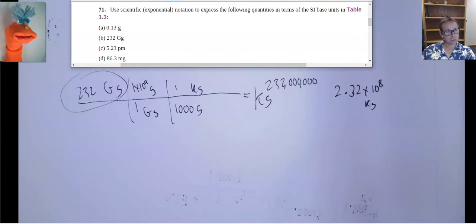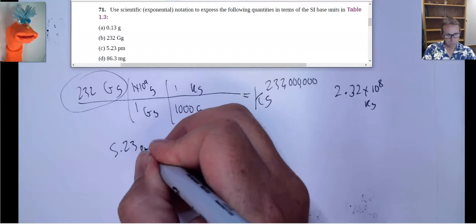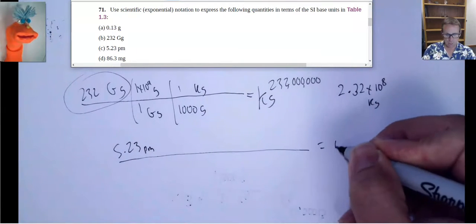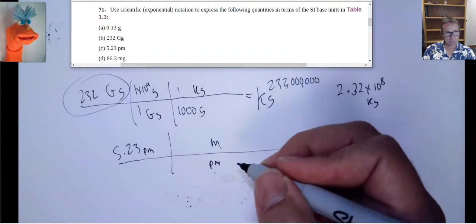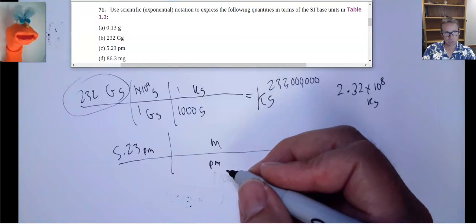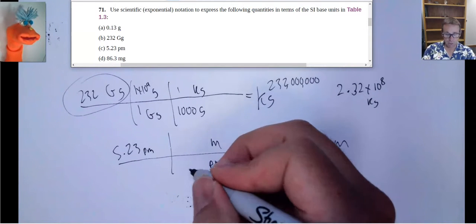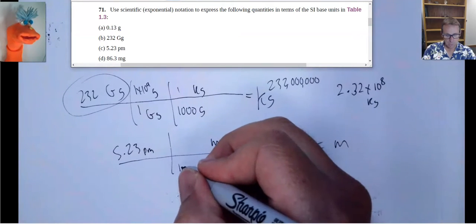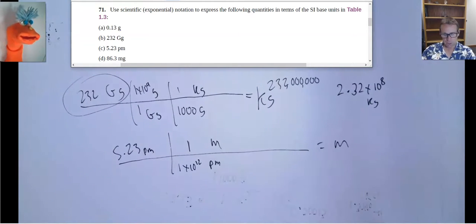Okay, 5.23 picometers. 5.23 picometers, and I want that in regular old meters. So do you know picometers to meters? Isn't that 10 to the, let's see, micro is minus 6, nano minus 9, pico minus 12? Very good. So 10 to the minus 12 meters for every picometer, or 1 times 10 to the 12th picometers for every meter.